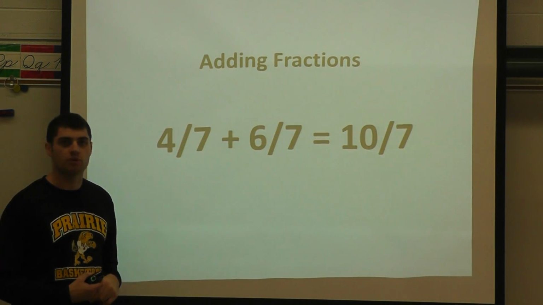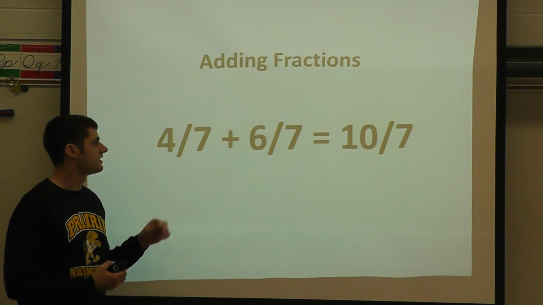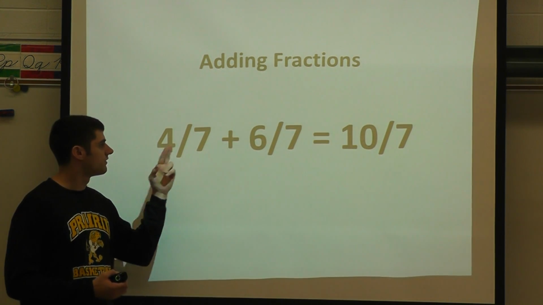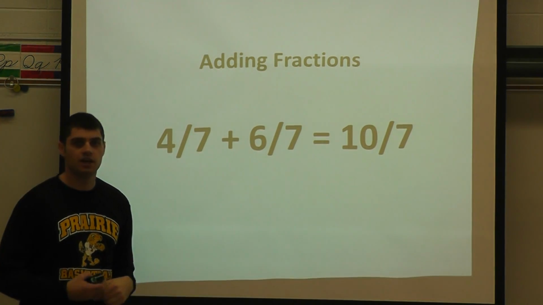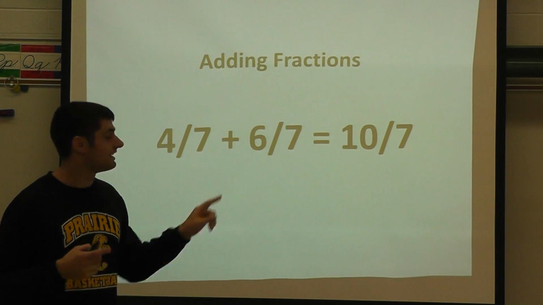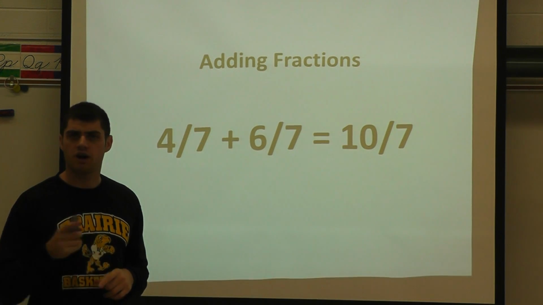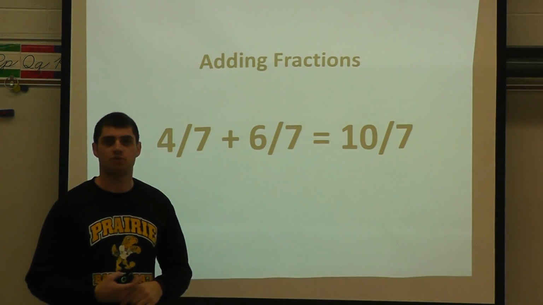Let's try a little bit of a harder problem. If I have 4/7 plus 6/7, again, I'm going to add my numerators. 4 plus 6, which is 10. My denominator stays the same at 7. And my problem's done, right? That's right, you got it. I need to change that. What do we call that again? An improper fraction. 10 over 7 is an improper fraction.